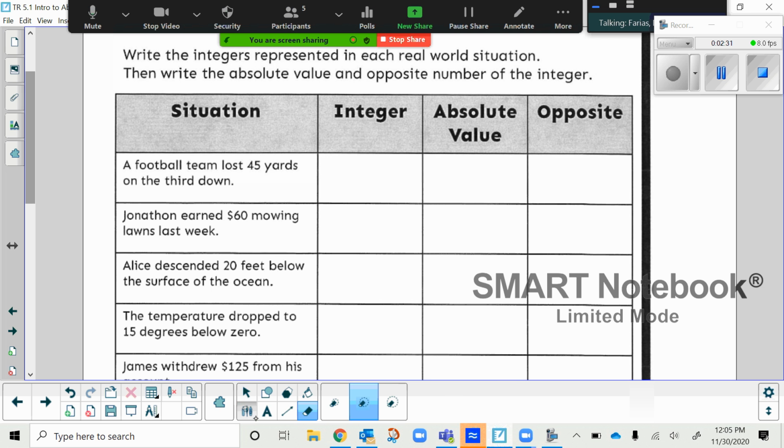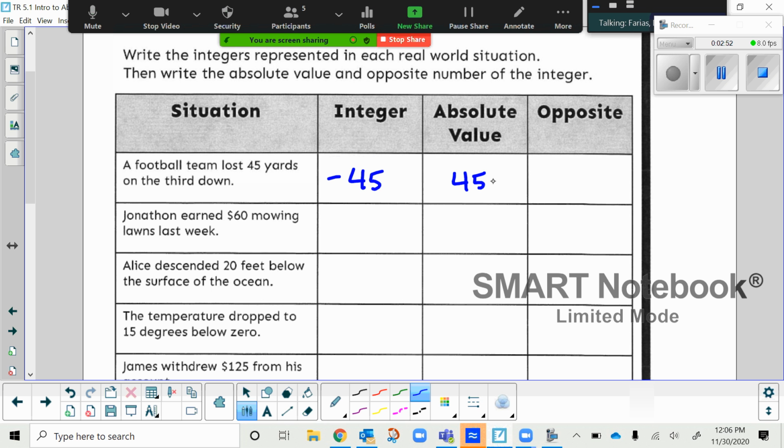You lost 45. -45. But the absolute value means, well, what's the distance of -45 from nothing, from 0? 45. So the absolute value is 45. And the opposite of -45 is +45.